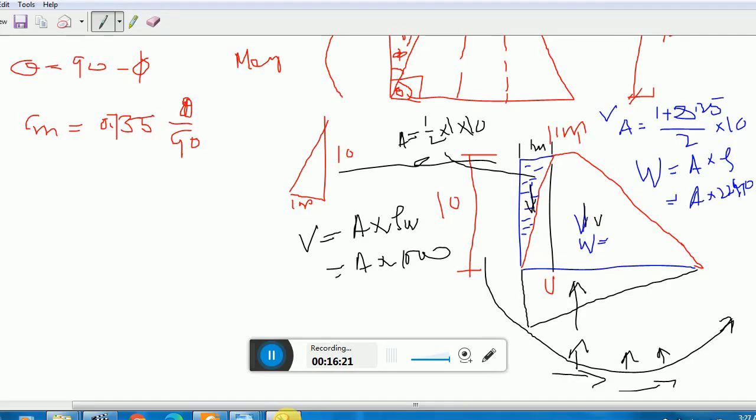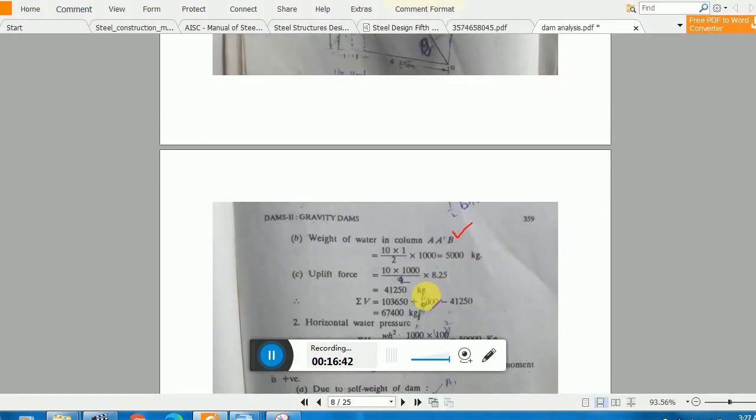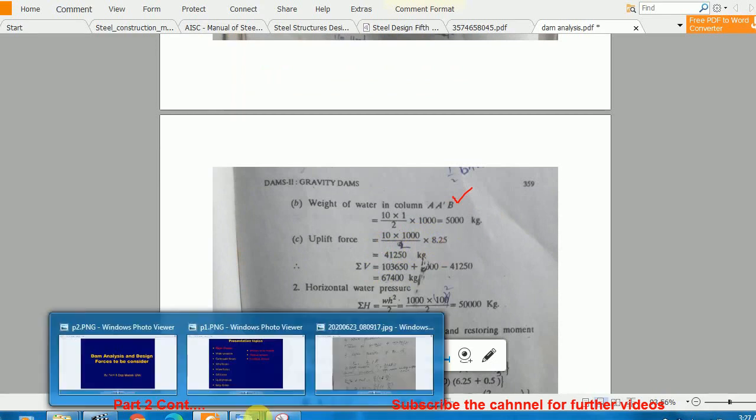So this U value will be determined. And its lever arm will be 2 by 3rd of 8.25. It will work later, I will show you. This is very, very important. Here you see the uplift force 10,000 over 2 times B, the same formula which I showed you here.